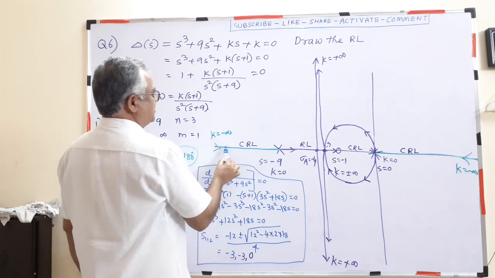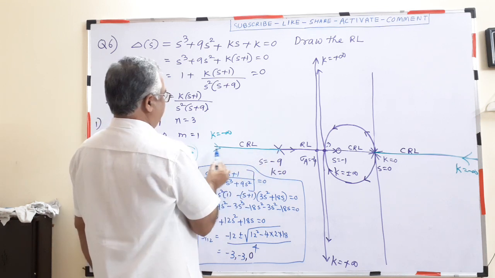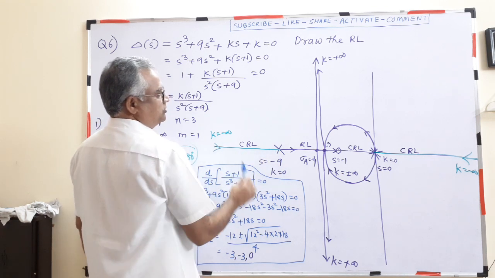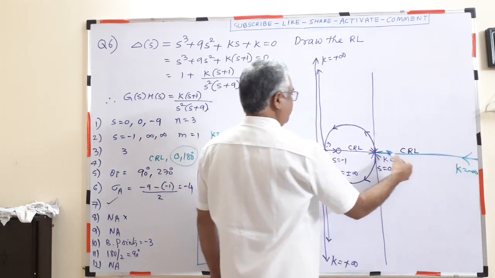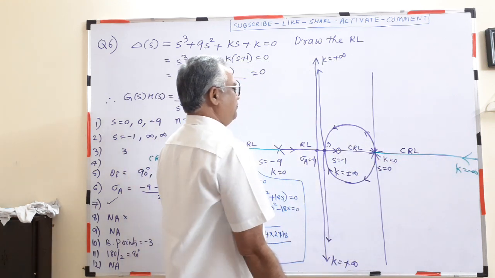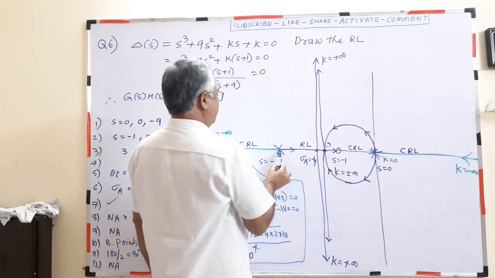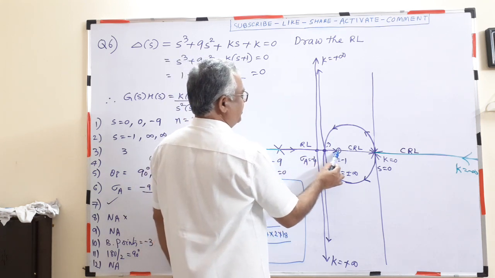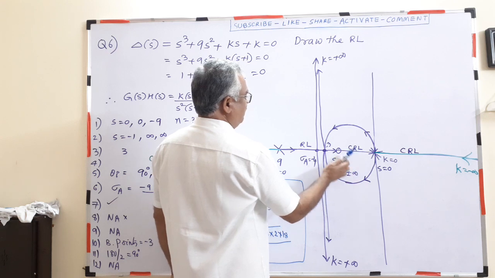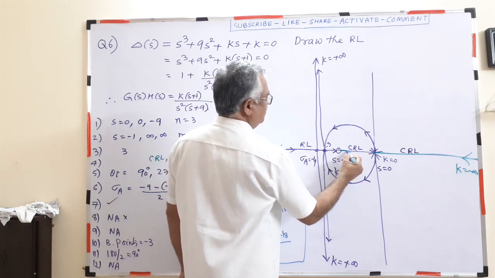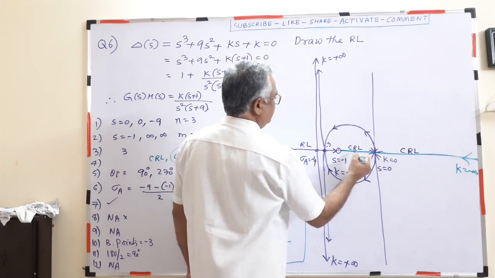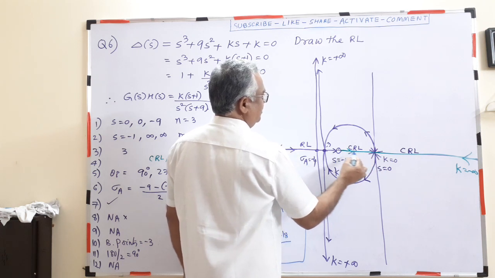So k equal to minus infinite to k equal to 0. There is one more, k equal to 0 to plus infinite. Plus infinite is occupied by this, minus infinite is there. So this is also another CRL.